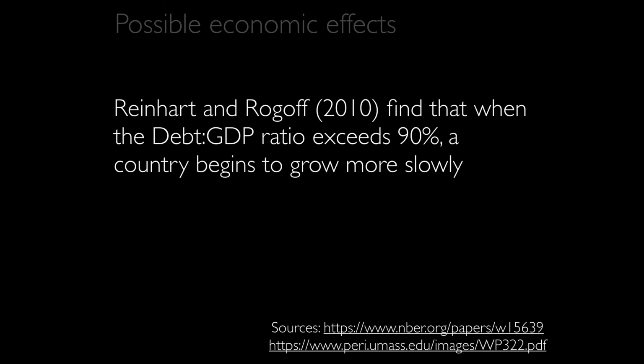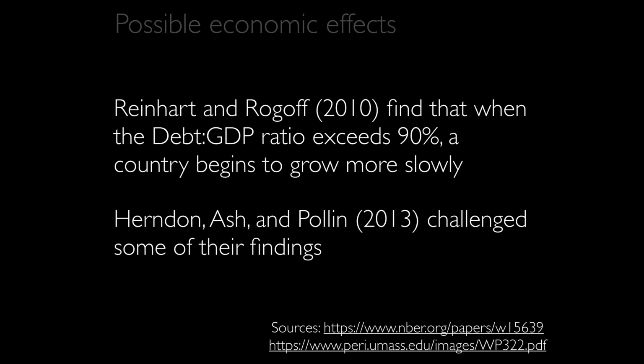A lot of economists said, there's issues with your numbers. Herndon, Ash, and Pollin, for example, challenged some of their findings, disaggregated the numbers, and said, that's not actually true. So a big question in economic theory: do countries grow more slowly as they take on more debt?